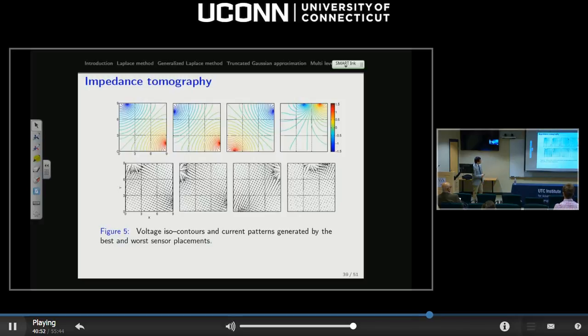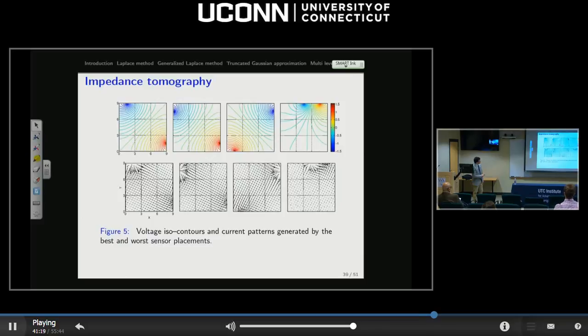You can see that in the first case, most of the electricity goes through the diagonal where the uncertainty is very high. And in the second case, it's almost the same, but you just move these electrodes from the top side to the left side.